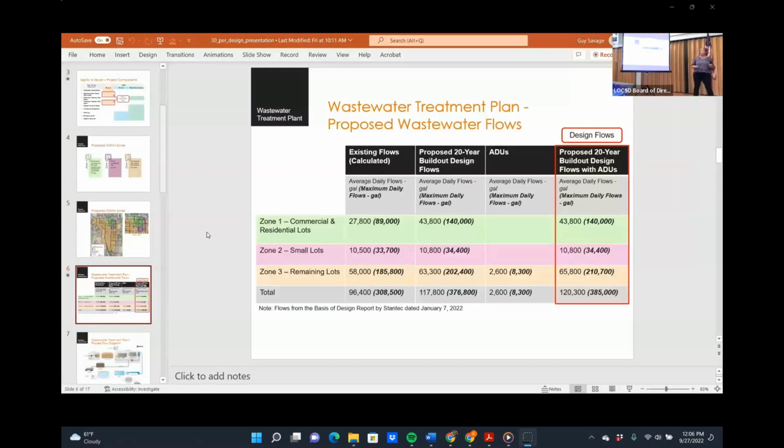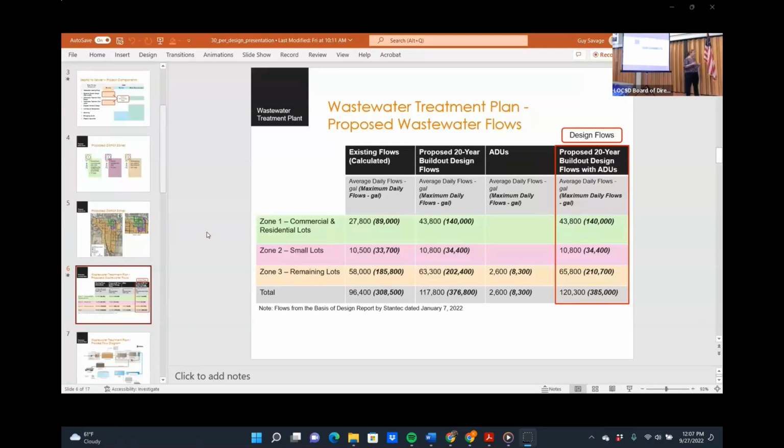In designing the treatment plants, it's important to understand what needs to be treated, what has to come out, and what has to be separated into the various streams. So we took all of the zones and broke them down, lot by lot. What is the use, and what are typical flows and strength of wastewater? You're on septic, so the best information you can get is when you test it, and we don't have that ability.